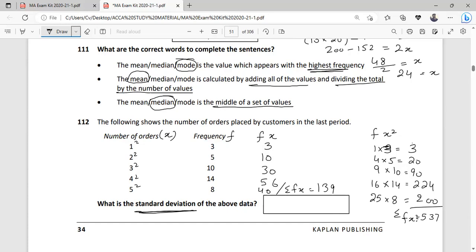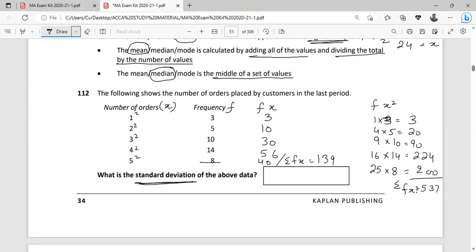So now we will add up this f as well. 8 plus 18 plus 14, 32, and summation of f is equal to 40. So standard deviation is the square root of summation of fx square, 537 divided by 40, minus 139 divided by 40 raised to power 2.